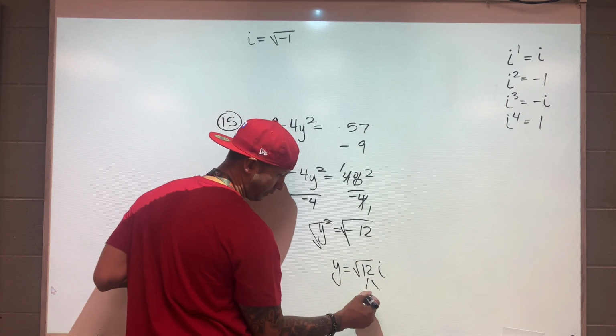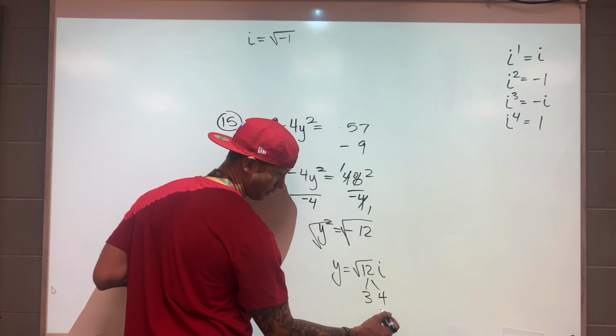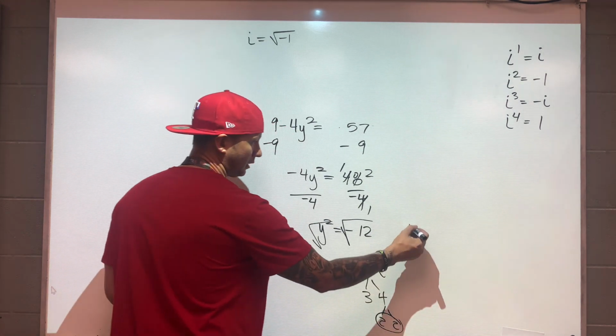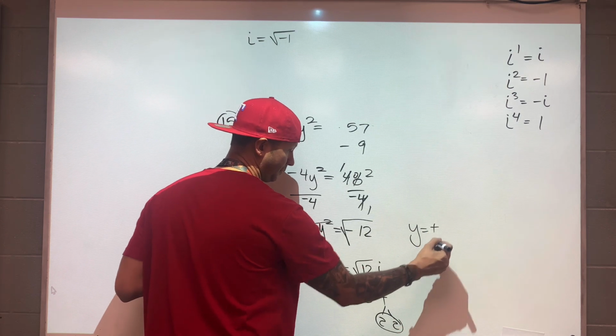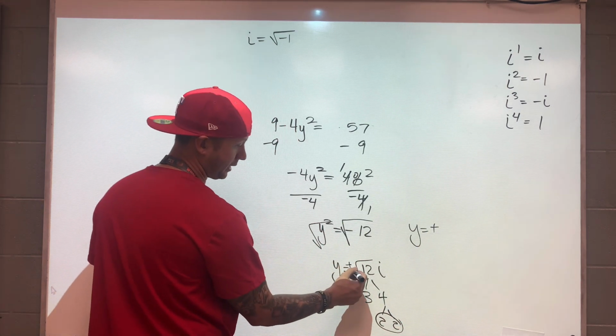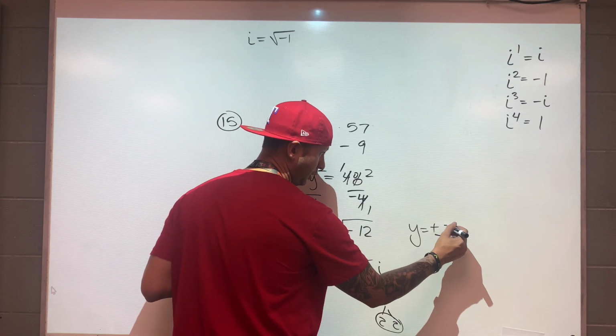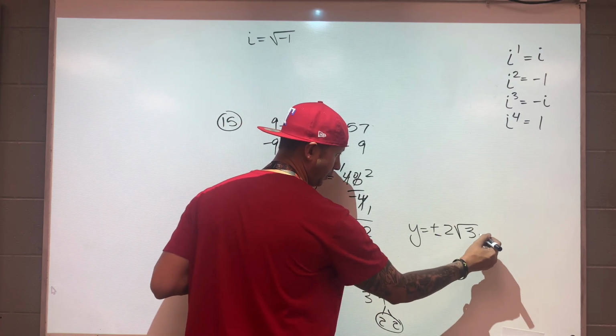Prime factorize 12, we get 3, 4 times 4. 2 times 2, 2 comes out. y is equal, I forgot the plus or minus. Plus or minus 2 square root of 3i.